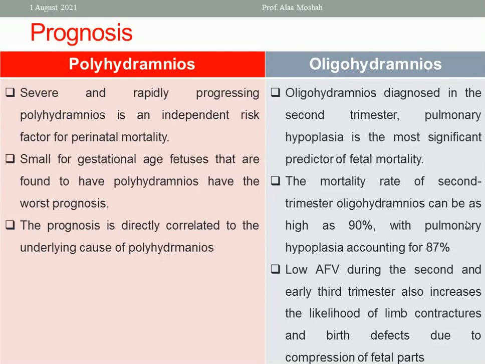So early oligohydramnios in the mid-trimester and the early third trimester may be associated with limb contractures and birth defects due to compression of fetal parts, because one of the physiological functions of the amniotic fluid is normal development of the fetal limbs. Imagine if this amniotic fluid is diminished, there will be birth defects, limb contractures, and so on.